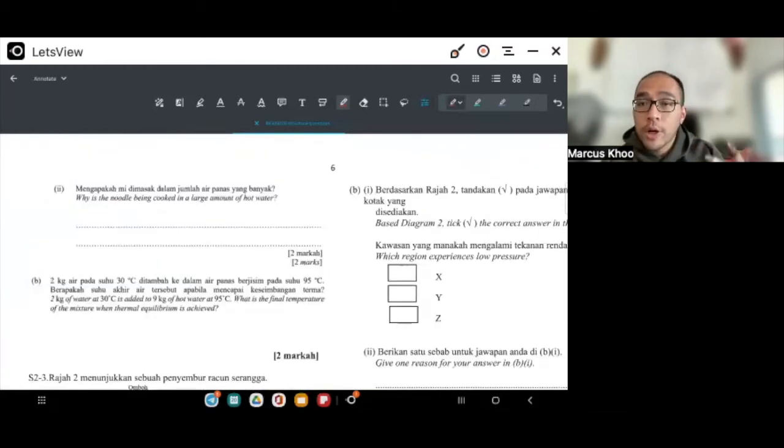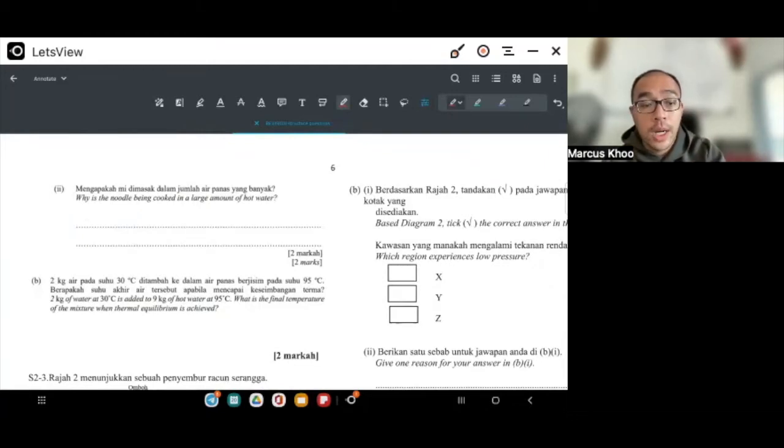A large amount of hot water usually refers to a big mass, and a big mass of hot water means it has a big heat capacity, so that it can transfer the heat to the noodle.